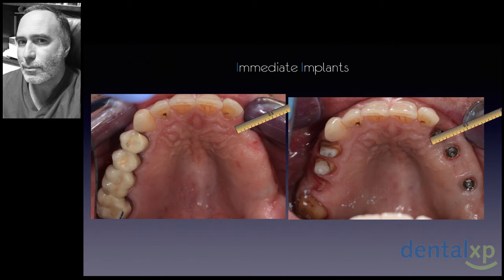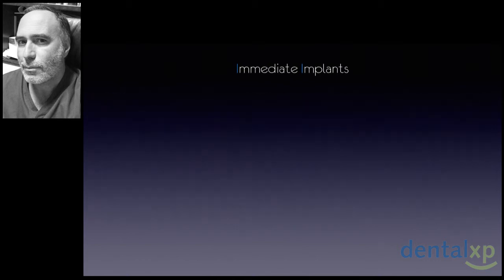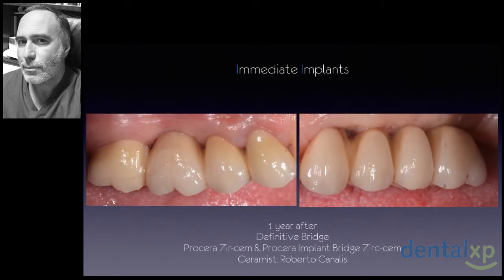And it's very important in this case because he has a big crest in the nervy tooth. And 1 year after, it's possible to screw the definitive bridge, Procera ZIRSAM, the Procera implant bridge ZIRSAM. In this case, the ceramist is a friend of mine, Roberto Canales from Rome.